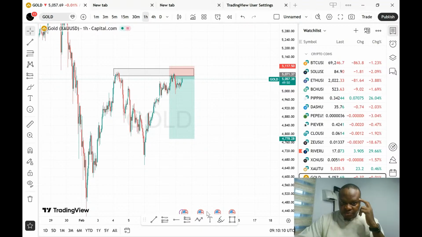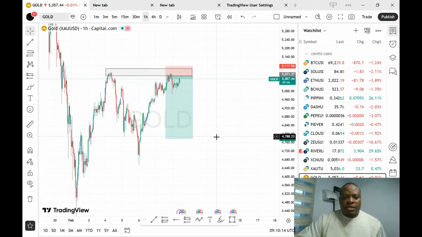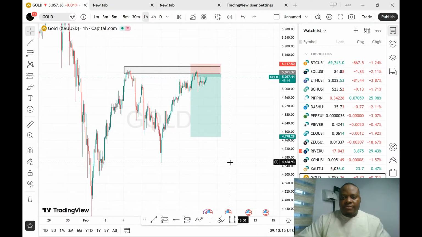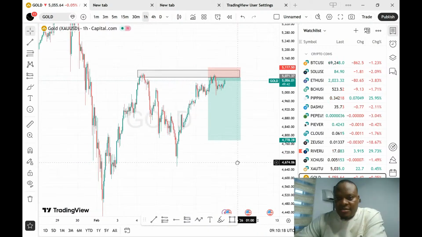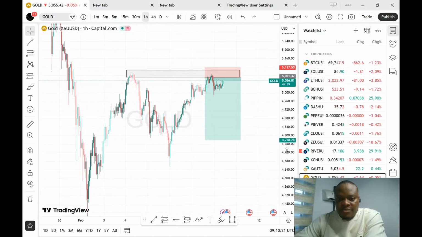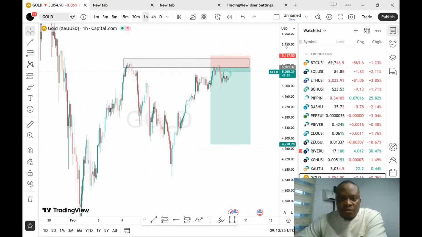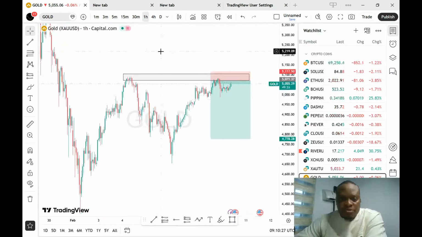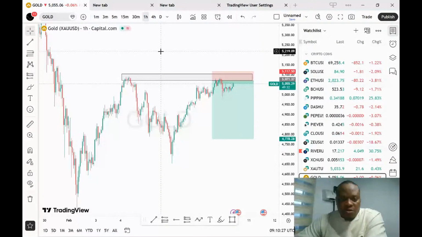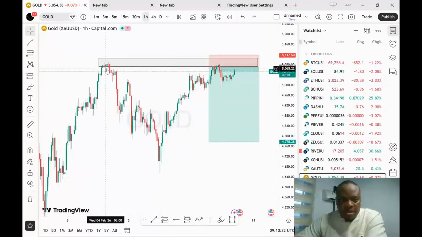Okay. I don't know if you see my screen. If you're seeing my screen, you see on the chart we have an order block here. This was my analysis on gold. Here, an order block.